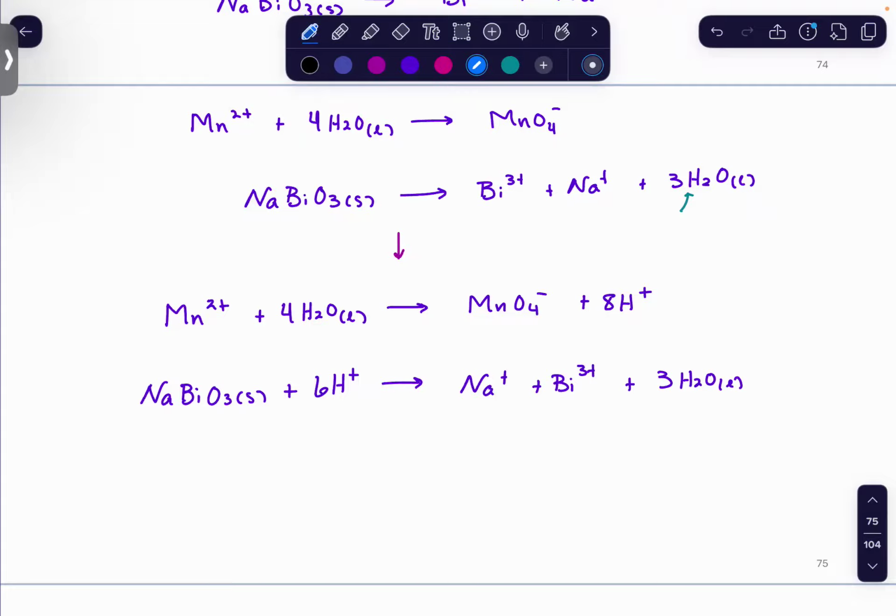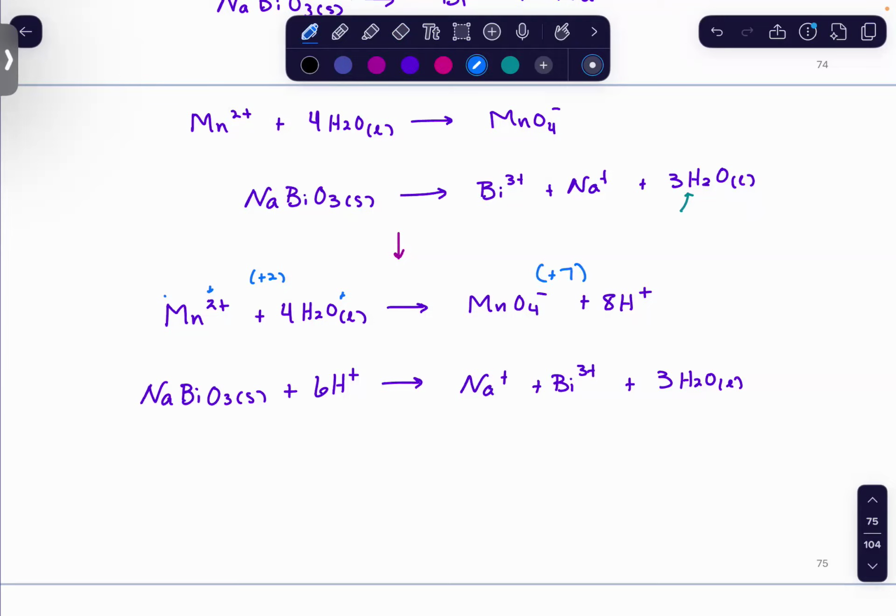Okay, so my manganese equation, I have a +2 and neutral. So this whole side is +2. On the right, I have +8 -1. So that means my right side is going to be a total of +7.